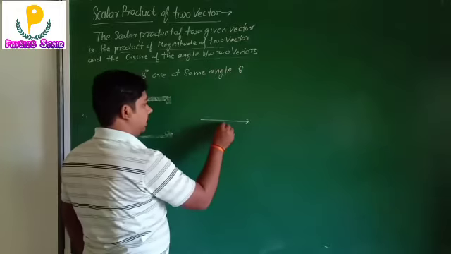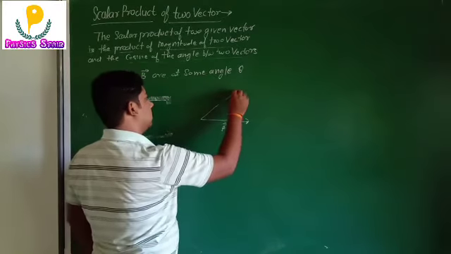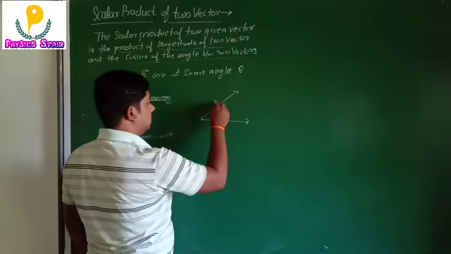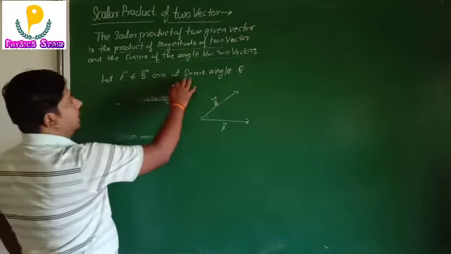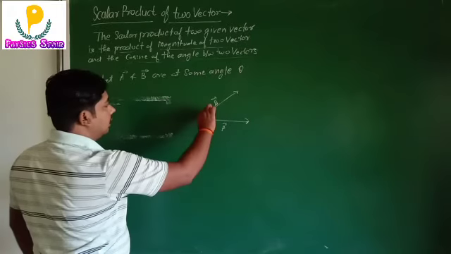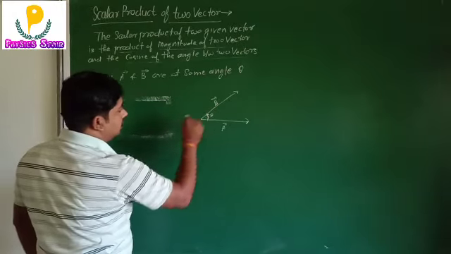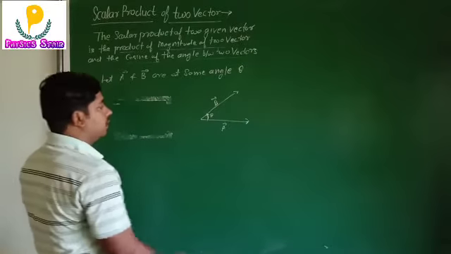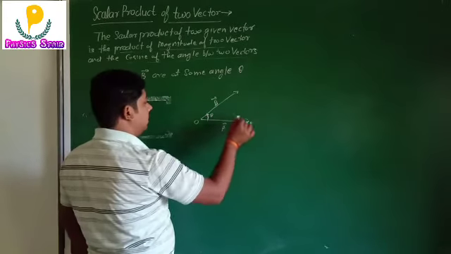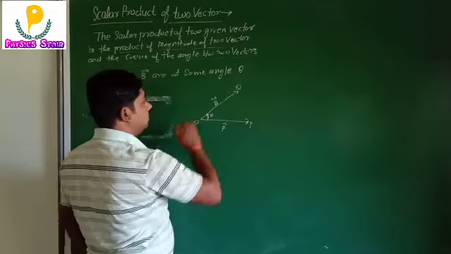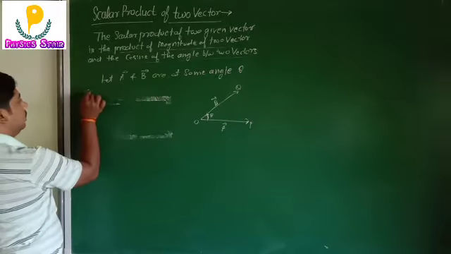This is vector A and this is vector B. Vector A and vector B are at some angle theta, means the angle between them is theta. If we consider, this is OP and this is OQ.